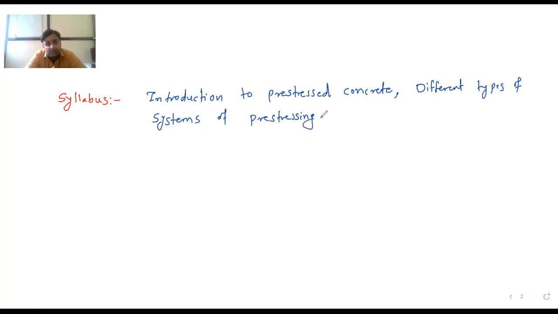There are different types of systems of pre-stressing. The classification of pre-stressed concrete is done on various bases, that is external pre-stressing, internal pre-stressing, then linear pre-stressing, circular pre-stressing is also there, then pre-tensioning, post-tensioning is also there, and then in that different systems are there. Different scientists have invented different systems.